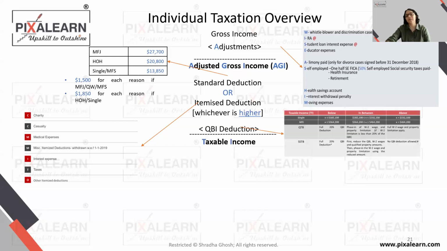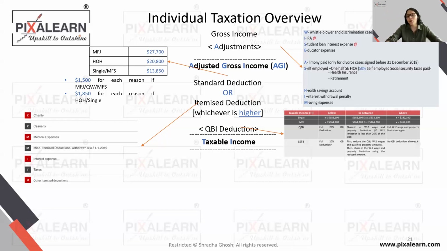Now what we are left with is the taxable income. So in my mind, I'll remember adjustments, Y is as him. Standard deduction, I know there's basic, there's additional for blind, age, basic, there are three, and then I add the top. Itemized deduction, 2 CMs for ITU. QBI deduction, QTB, SSTB, taxable income, in between, beyond, in.